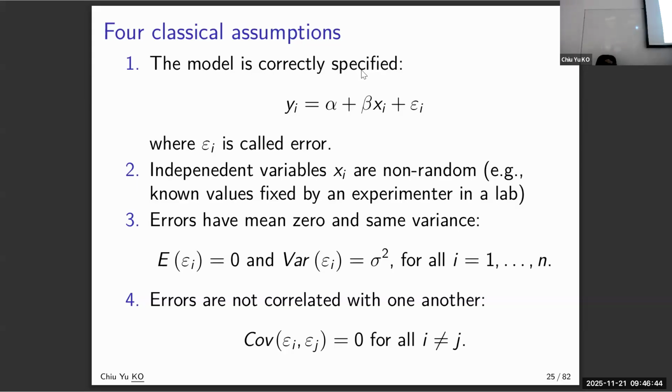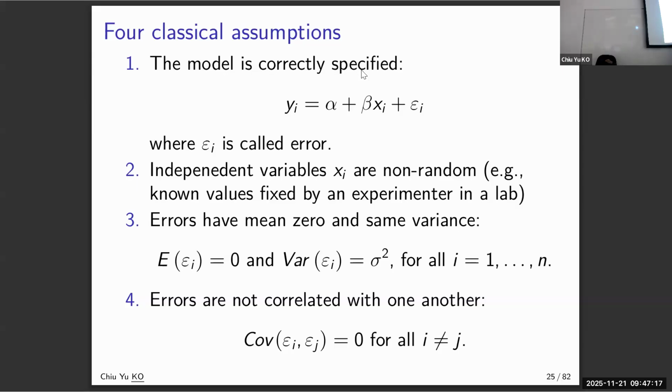Of course, if they're not captured in the model, you should expect they're not very important, in the sense that they satisfy the third and the fourth assumption, such that their mean on average is zero, the variance is constant for each individual, and different individuals do not have any non-zero covariance. So that means they are not very important, right? You can simply ignore the random term, their noise.